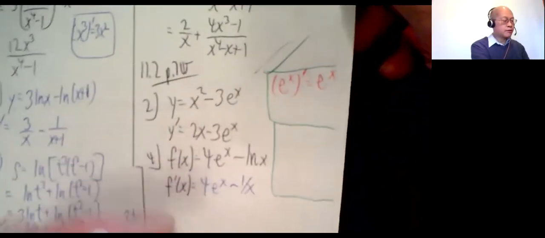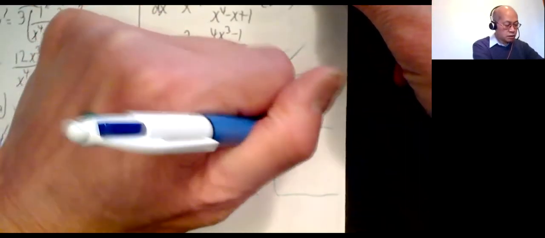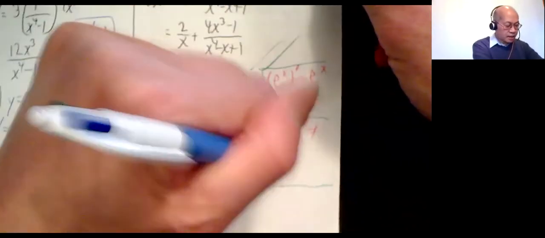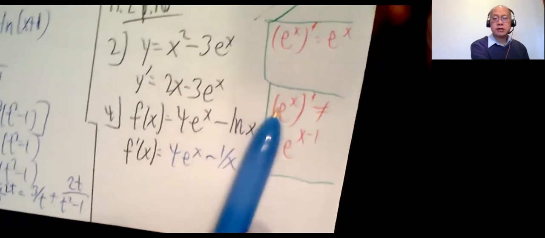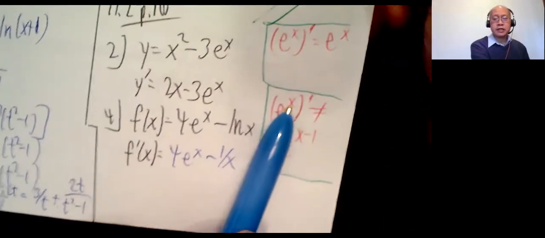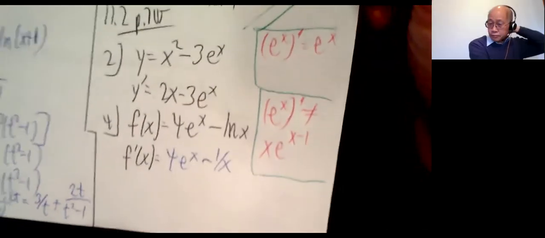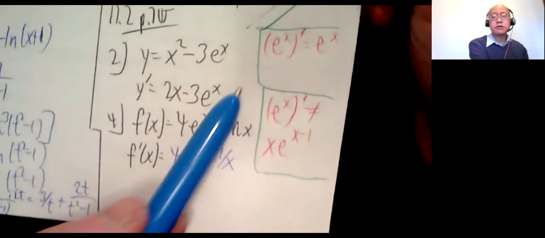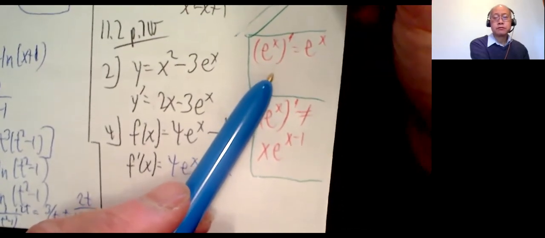Now that we know this is the derivative, do not do this, which seems reasonable. It's not equal to x e to the x minus 1. Okay, so watch out for that. Kind of logical. Some students say, oh yeah, I bring this down and then subtract 1. Okay, don't do that for e to the x. Okay, the derivative of e to the x is simply e to the x. And it has its own chain rule. And it might be combined with product rule, quotient rule, and all that stuff.